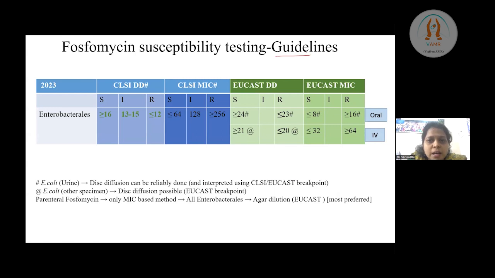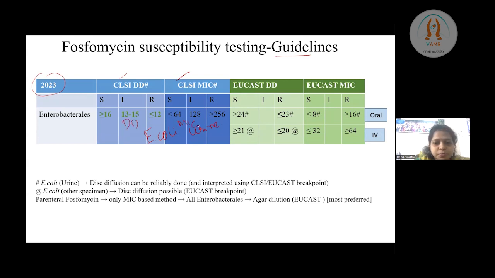Various guidelines like CLSI and EUCAST, what do these guidelines say about fosfomycin susceptibility testing? CLSI, according to the 2023 guideline, is giving breakpoints only for E. coli urine isolates, both disk diffusion breakpoint and MIC breakpoint.